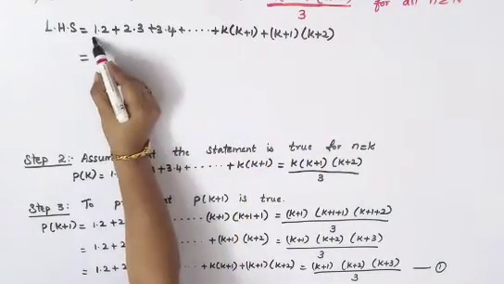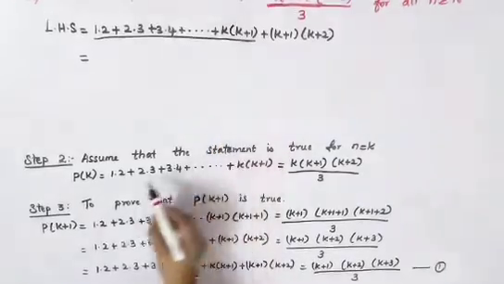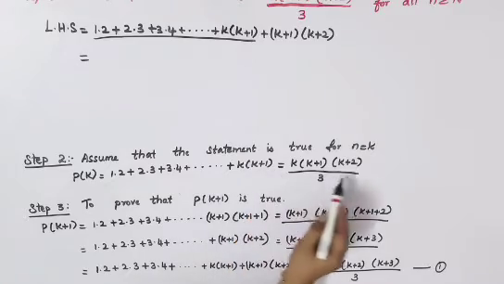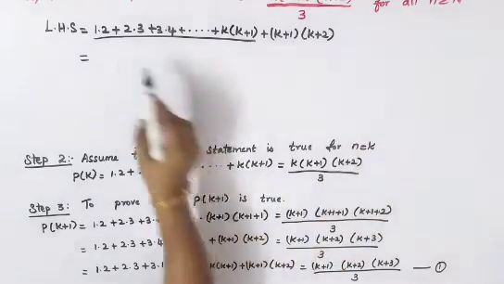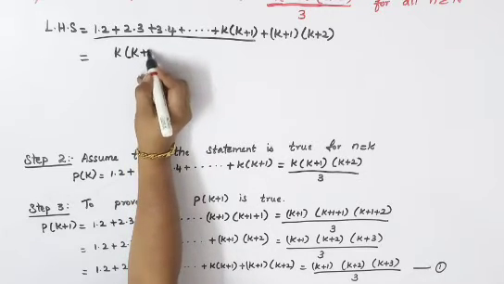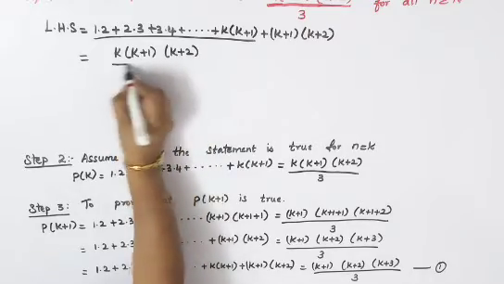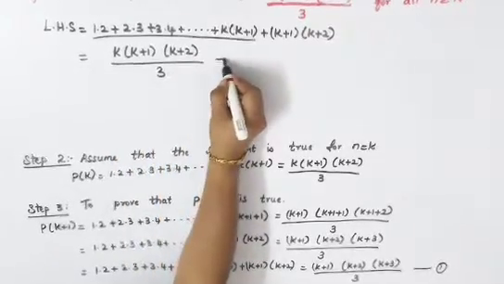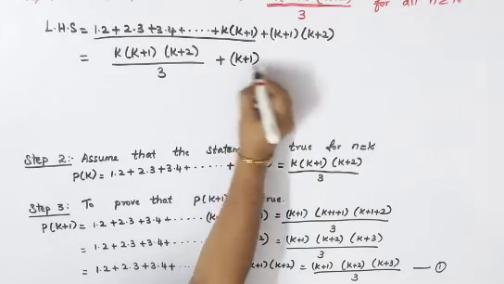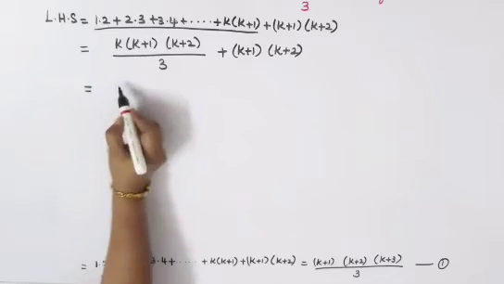Just see the whole thing, that is 1 into 2 from here till k into k plus 1, that will be there in your step 2. So this fully, that is your LHS. You can replace your RHS here instead of this: k into k plus 1 into k plus 2 divided by 3 plus your second part as it is, k plus 1 into k plus 2.